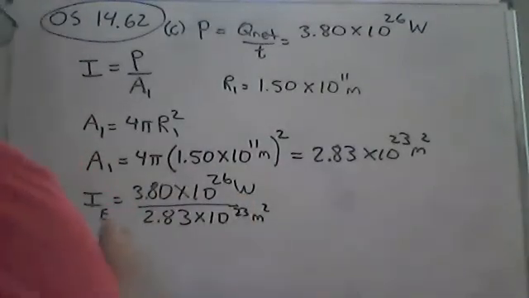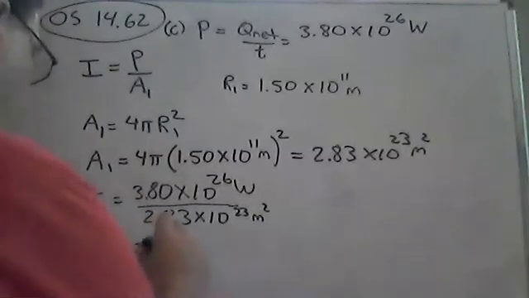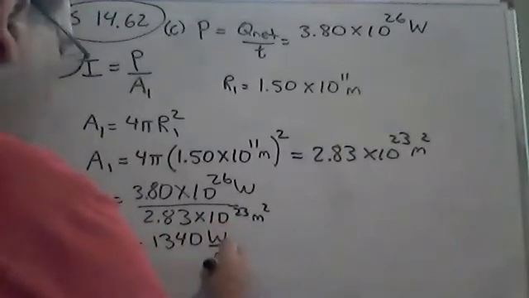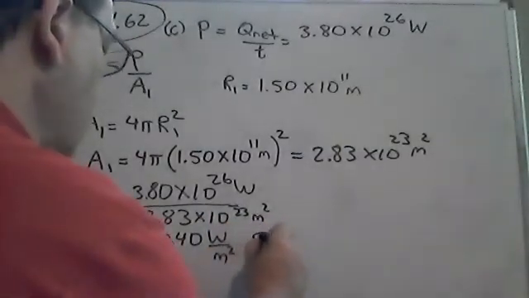Okay, and you'll find out the intensity at the distance of the Earth is going to be 1,340 watts per meter squared. Okay, we usually call that the solar constant.